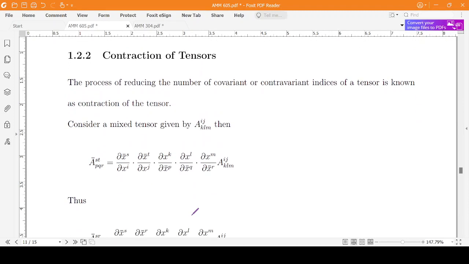Then we have the contraction of tensors. Contraction is the process of reducing the number of covariant or contravariant indices of a tensor.